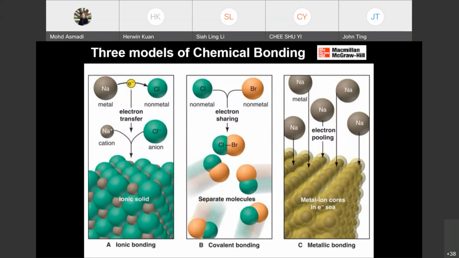As I explained, this is ionic solid, electron transfer, and then electron sharing, ClBr. And there's a sea of electrons, metal ions in the sea of electrons. Because this electron is moving, that's why they can conduct electricity. Compared to ionic bonding in solid state, ionic bonding cannot conduct electricity. The characteristic of the ionic bonding is more to a brittle, like a ceramic. There's a difference.